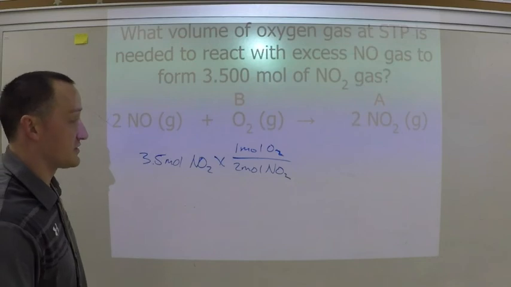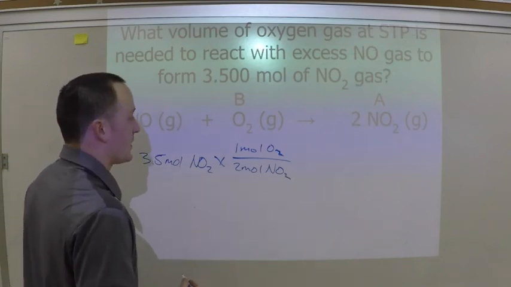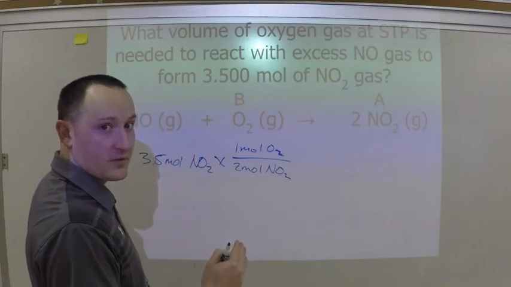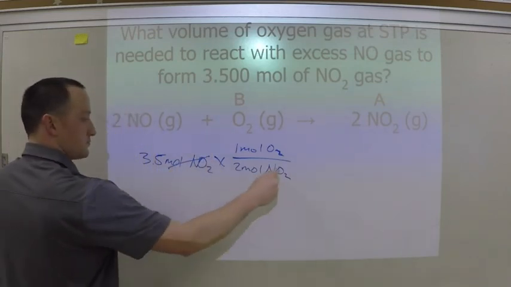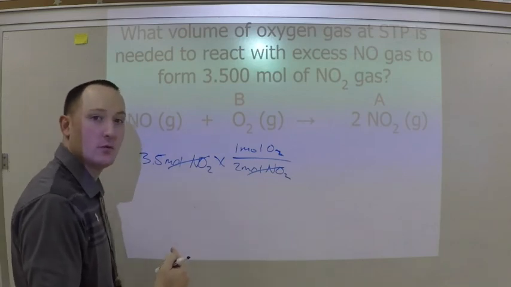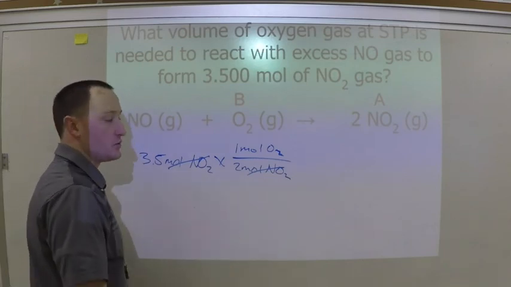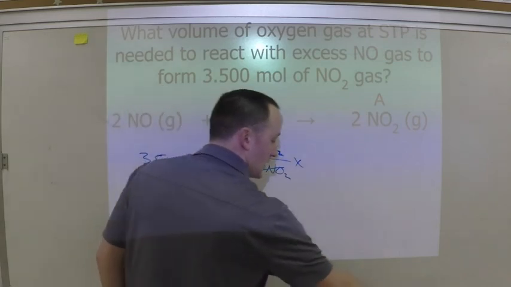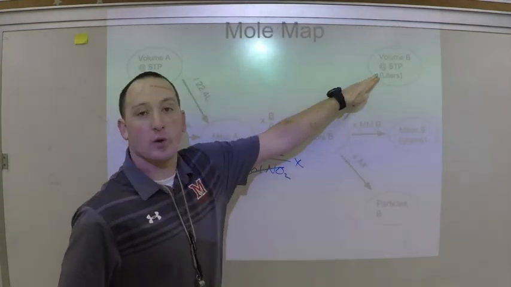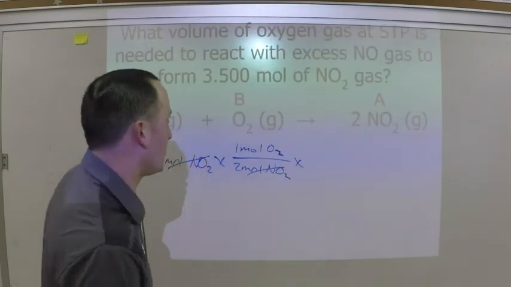Reversing that fraction obviously will mess up your problem. Then my next step is to convert from moles of substance B. Moles of NO2 are going to cancel out. Now I'm going to convert from moles of O2 to liters of O2, and how I do that is by multiplying by my 22.4 liters for every 1 mole.